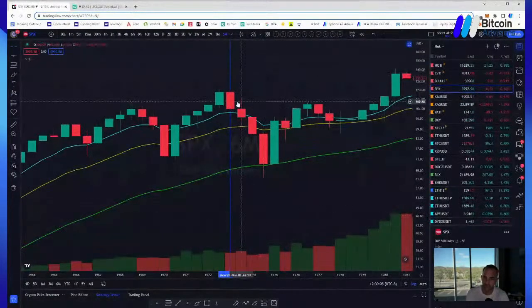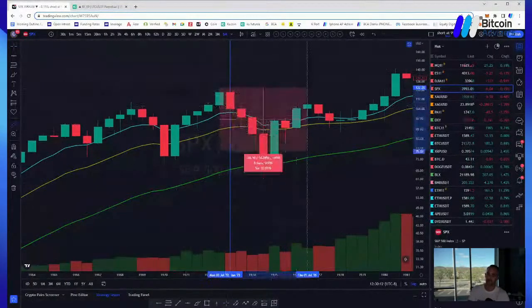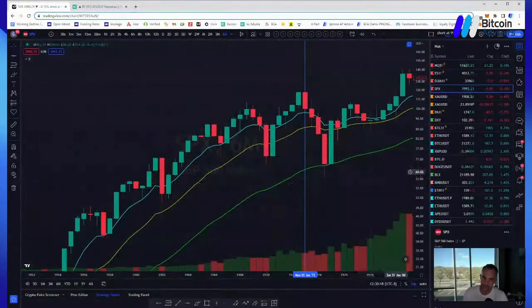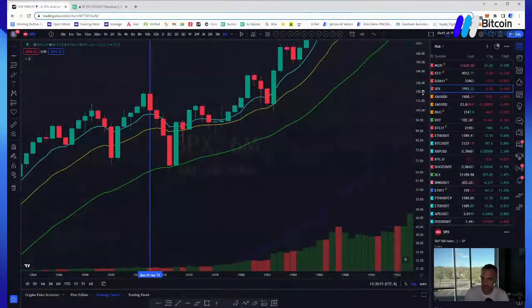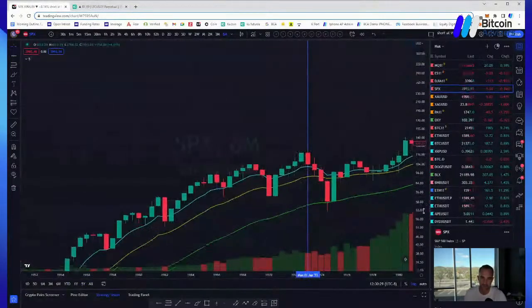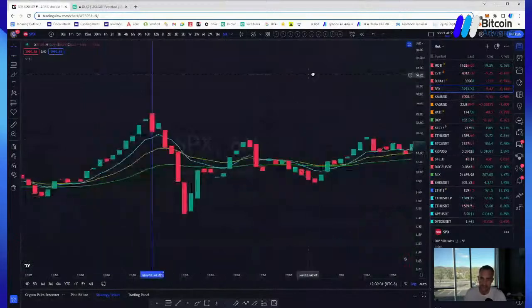Obviously we saw some downside here, and that was a 50% drawdown in 1973. Oddly enough, that's when they took us off the gold standard, and you guys all know gold is ripping to the upside too right now. Gold is going to the moon. So this was a 10-year bear market after that, the inflationary 70s.